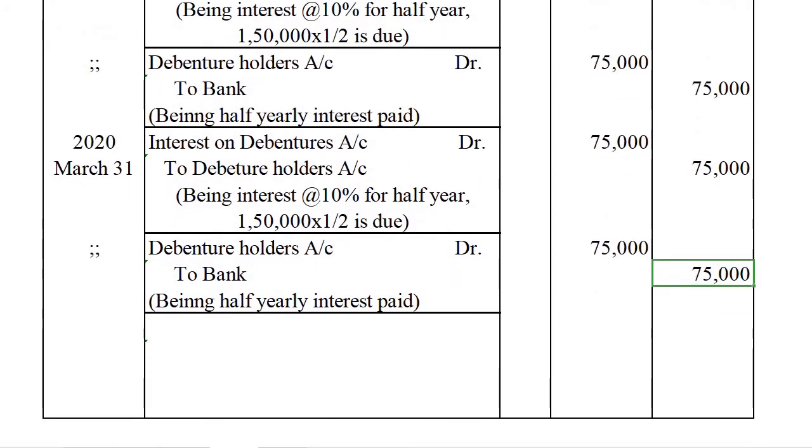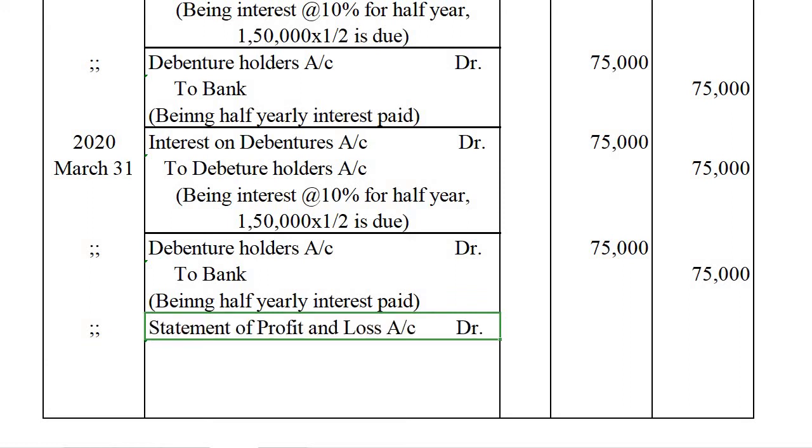Okay. Now only one journal entry is left. What is that journal entry? At the end of the year, the total interest is to be transferred to the Statement of Profit and Loss. So the date again is the last date of the year, March 31st. Statement of Profit and Loss debtor to Interest on Debentures.